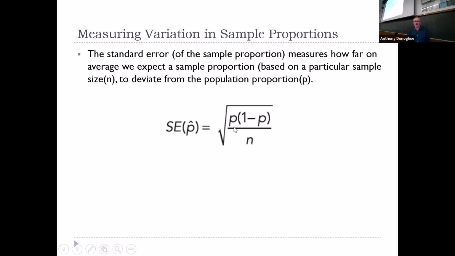It is the square root of the population proportion, in this case 0.5, times 1 minus 0.5, over the sample size. Not important where that came from. It's from the binomial distribution. There are many probability distributions in probability, and it came from the binomial. Binomial is a success-failure distribution, where the outcomes are, say, head and tail. It doesn't matter. Just be clear, because it can be a point of confusion.